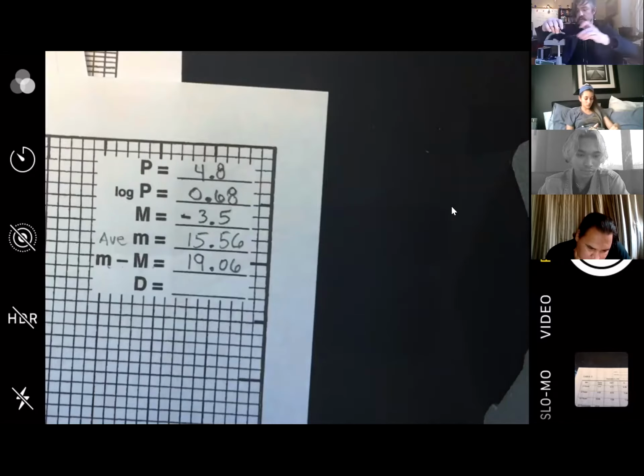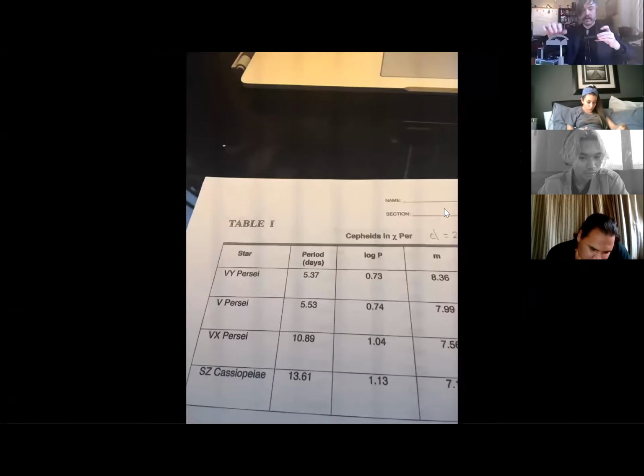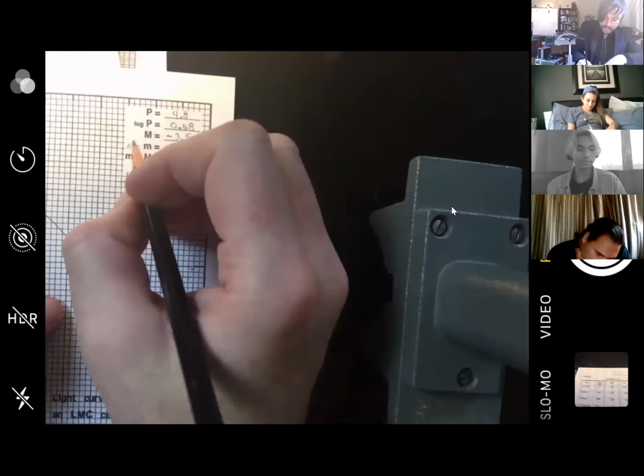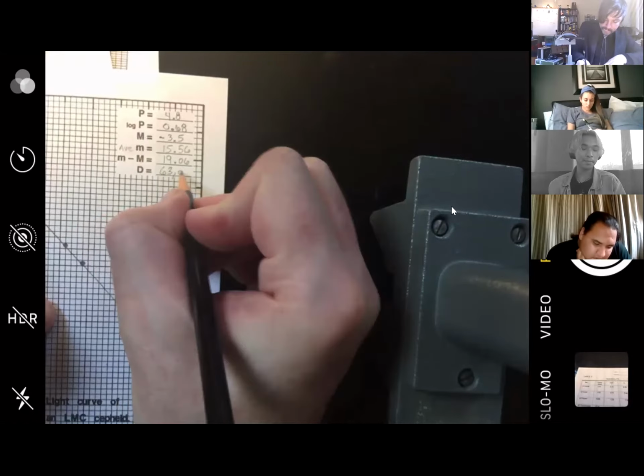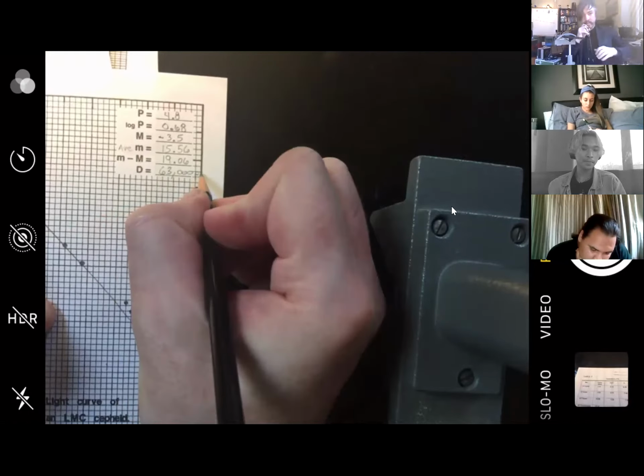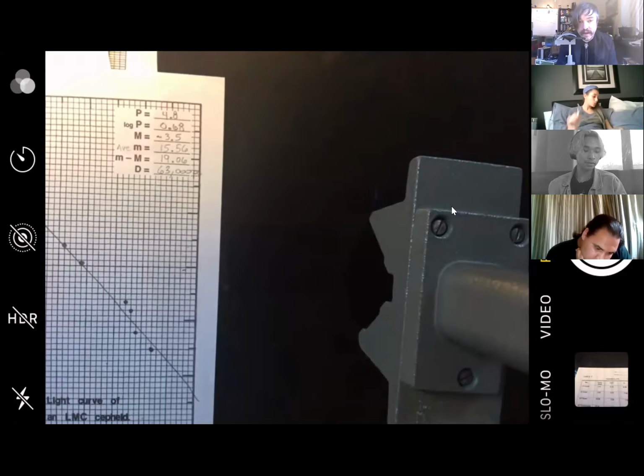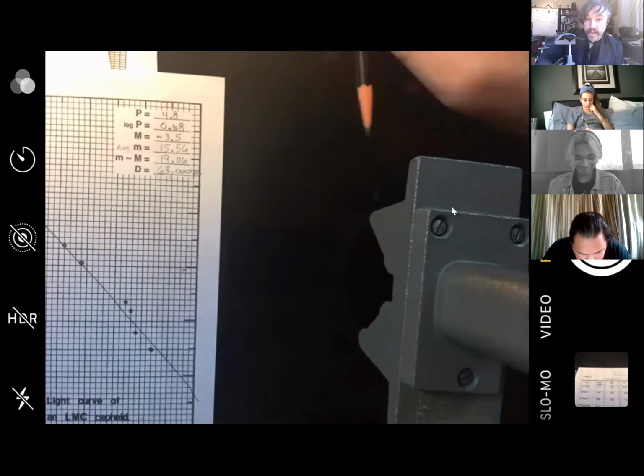And that number goes here. And thus we determine the distance to the Large Magellanic Cloud, 63,000 parsecs away.